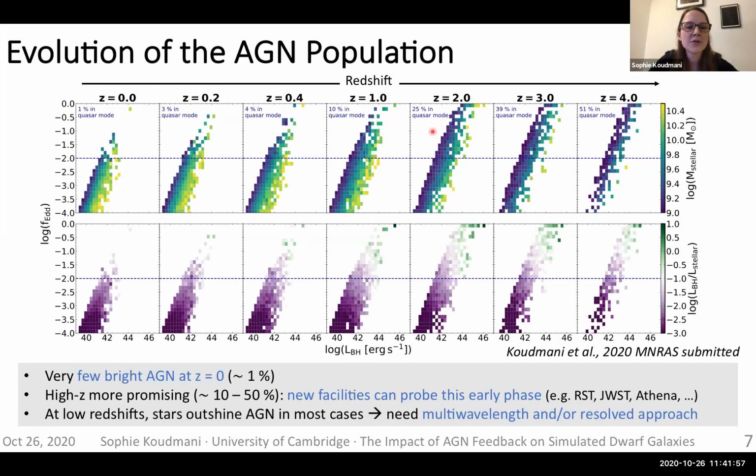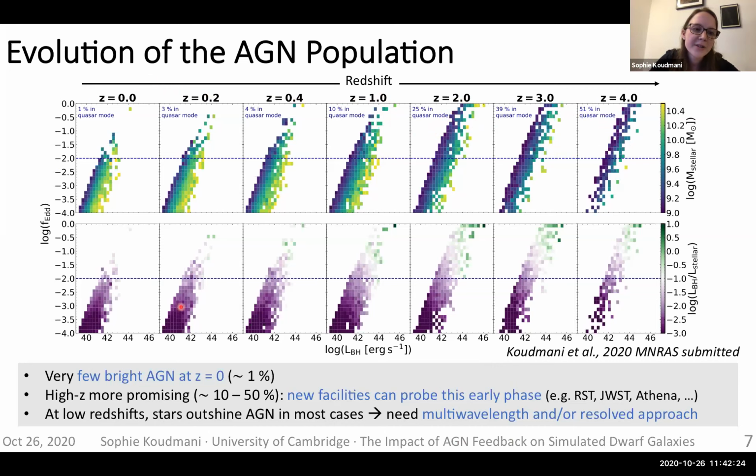Here at redshift 2, already 25% of AGN in low mass galaxies are in the quasar mode, and this then increases to 51% in the quasar mode at redshift 4. And this is quite exciting because this high redshift regime will be able to be probed with new facilities like the Roman Space Telescope or JWST or Athena. So there are very exciting prospects coming up.